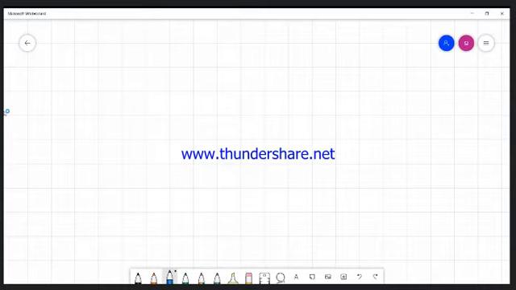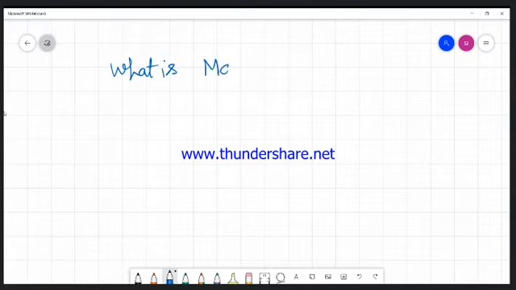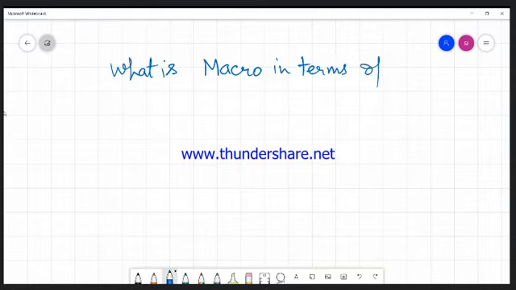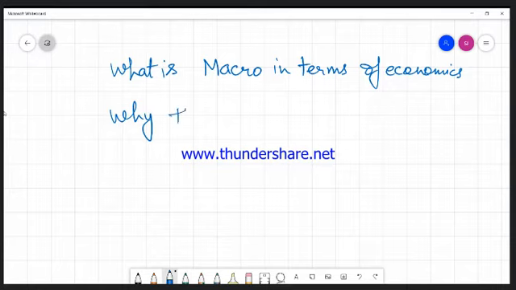So today we'll try to understand what is macroeconomics or what is macro. And we will try to understand why there is a need for it.